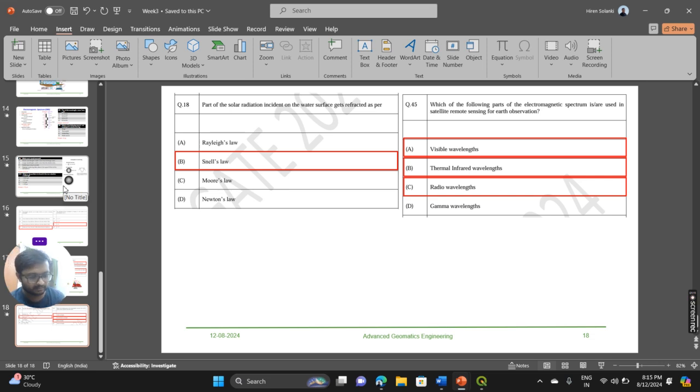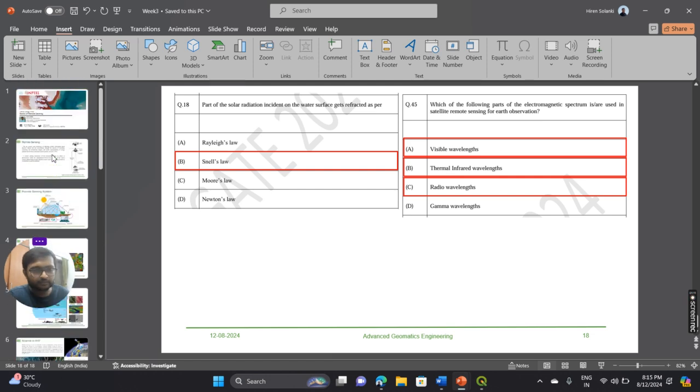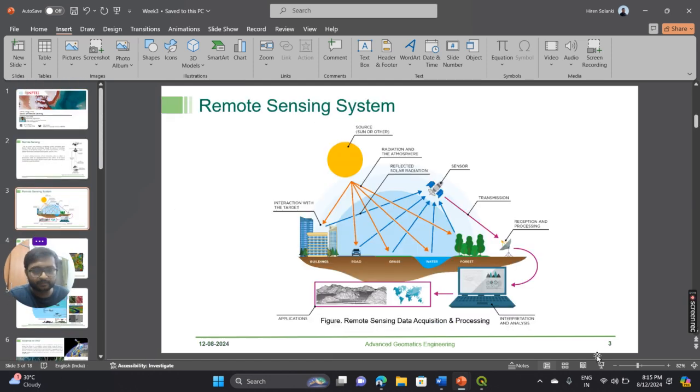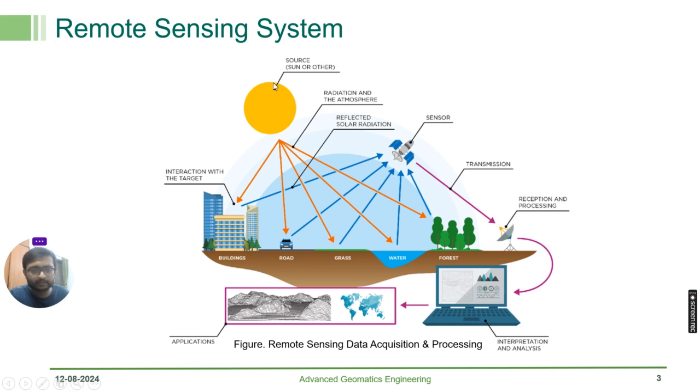So, the active and passive case in remote sensing. We'll go to that. When we talk about active remote sensing and passive remote sensing, here you can see the sun. The sun is radiating energy which passes through the atmosphere, interacts with the object, and goes back to the satellite.